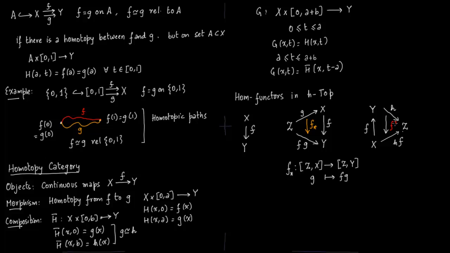So this is equal to map f superscript star. So f superscript star takes the map from y to z to a map from x to z. So h gets mapped to first apply f and then you apply h.